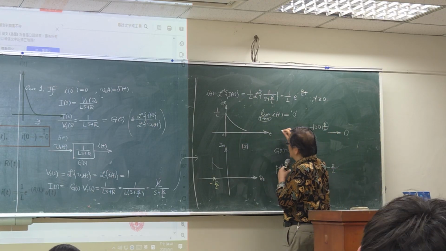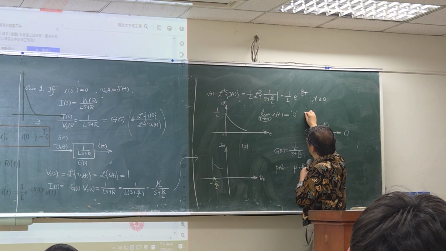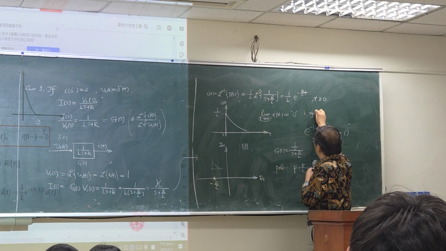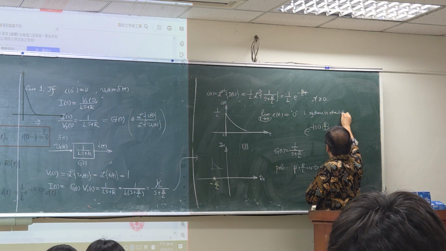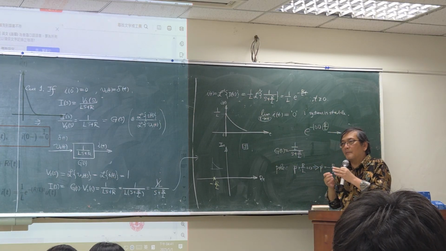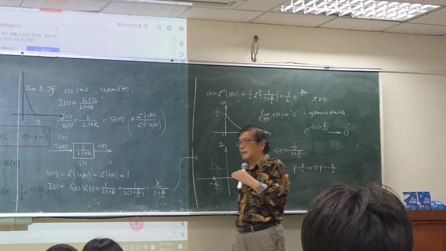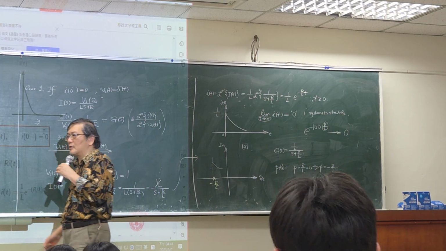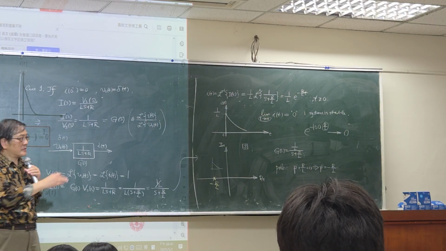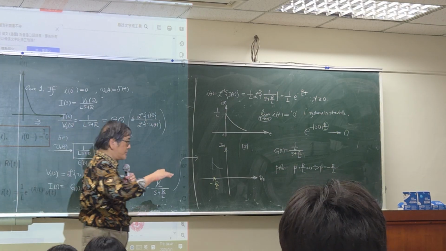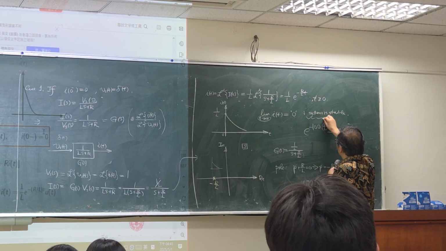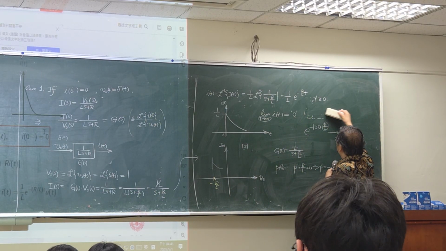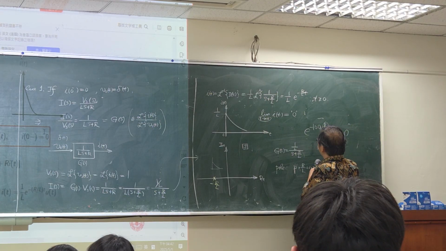So this kind of response, we call the system stable. When t becomes very big, you let the system go for quite a long time, eventually the system response approaches 0. So this kind of system, we call a stable system.